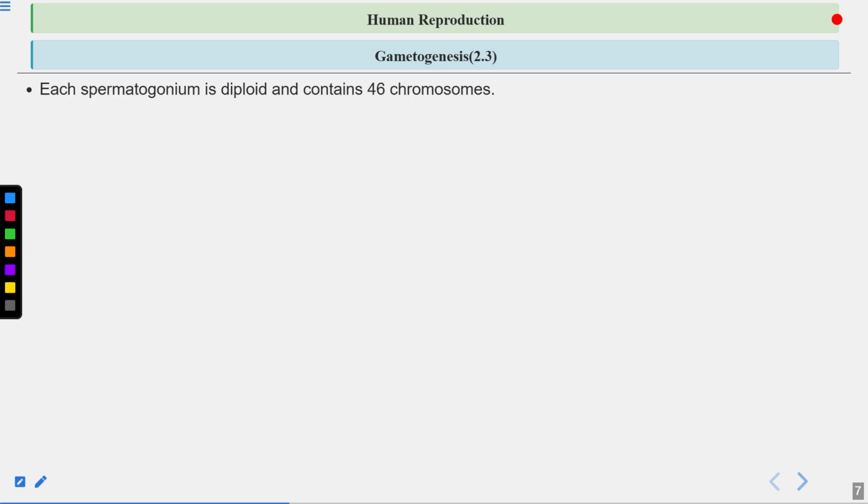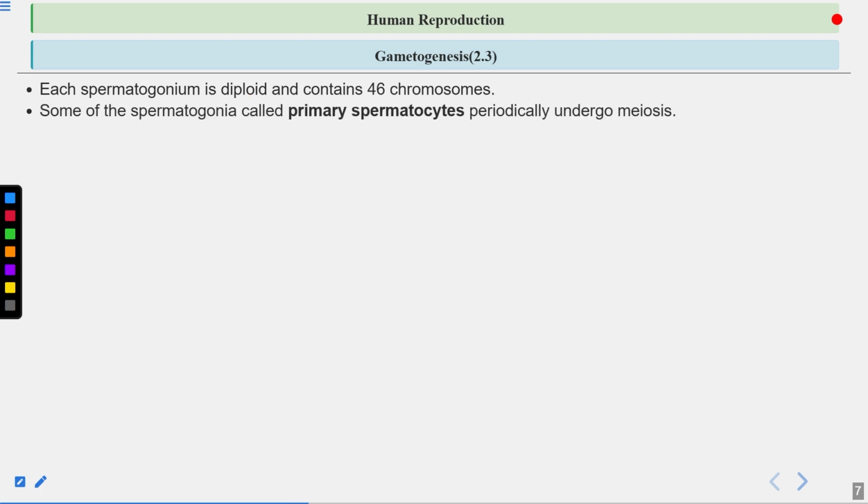Now, each spermatogonium is diploid and it contains 46 chromosomes. This we have already studied, that some of the spermatogonia periodically undergo meiosis. So, spermatogonium which was diploid, some of these cells differentiate to form primary spermatocytes.